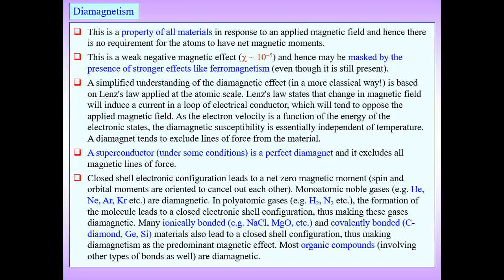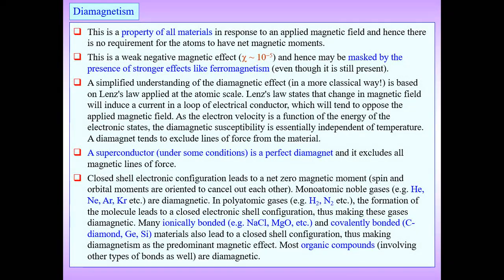Diatomic gases such as H2, N2, etc., hydrogen gas and nitrogen gas, are also diamagnetic. The formation of molecules leads to closed electronic shell configurations.